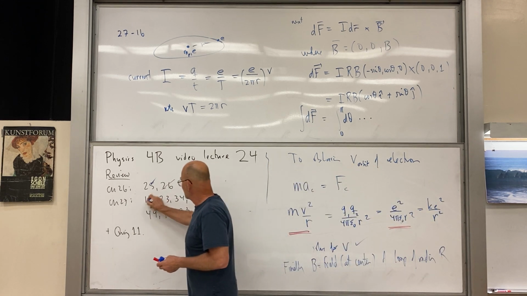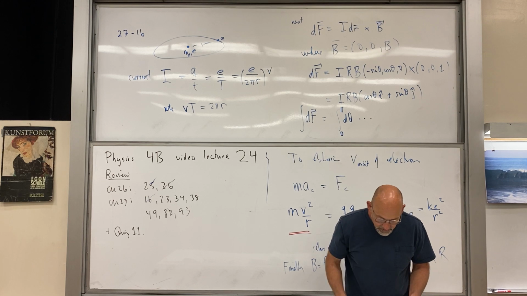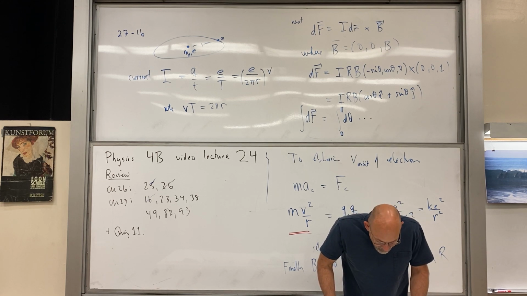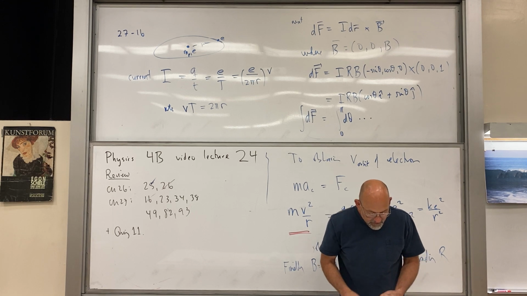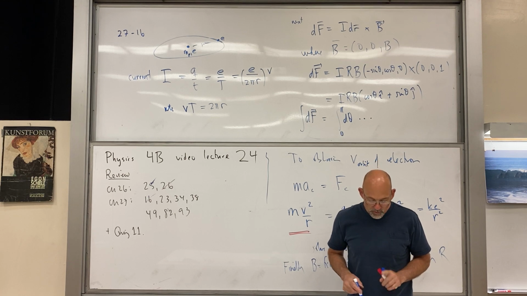Okay, moving right along. Let's see what we have here. 23. 23 was the Helmholtz coils. That's just setting it up and taking the derivatives.